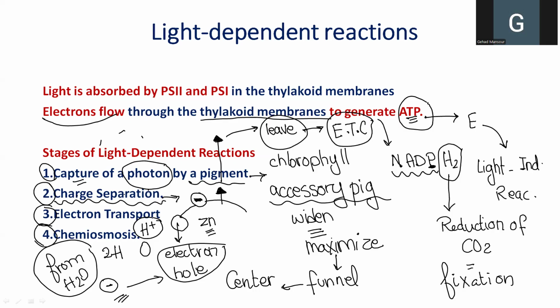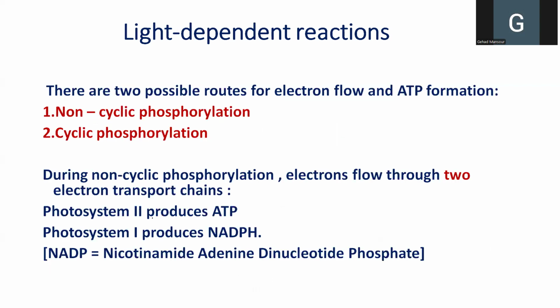Of course, this is a very quick review of the 4 stages of the light-dependent reaction, but every one of these stages will be explained in full detail. And in the light-dependent reactions, there are 2 possible routes for electron flow, because we know that electron flow will result in ATP formation and reduced NADP formation.